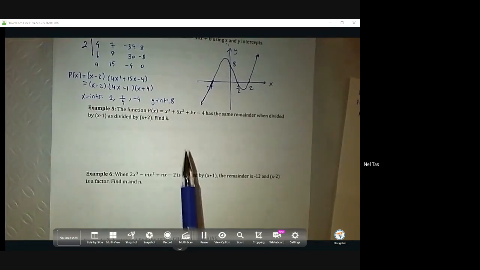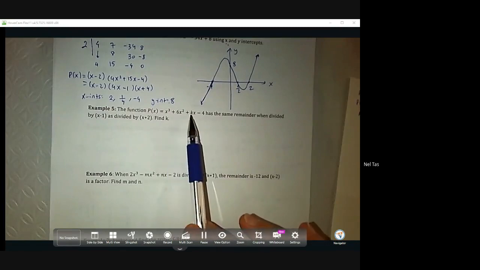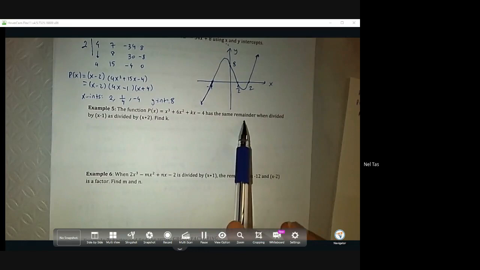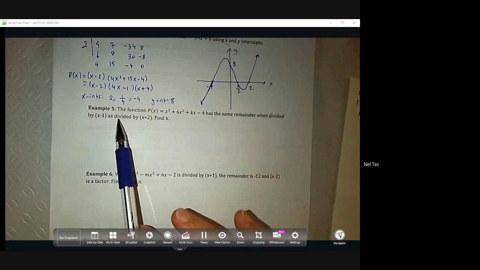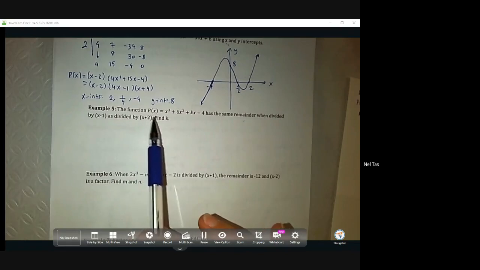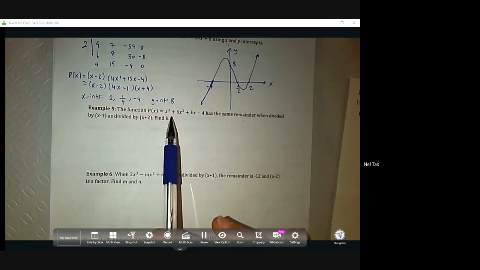All right. Let's look at example 5. The function p of x is given, but there is one unknown here, the k value. It has the same remainder when divided by x minus 1 as when divided by x plus 2. Find the k value. Now we are going to use the remainder theorem.